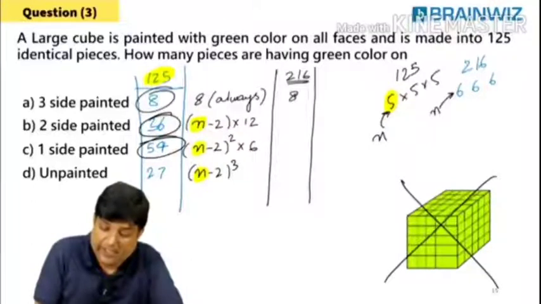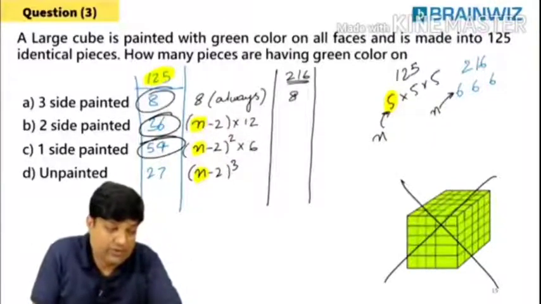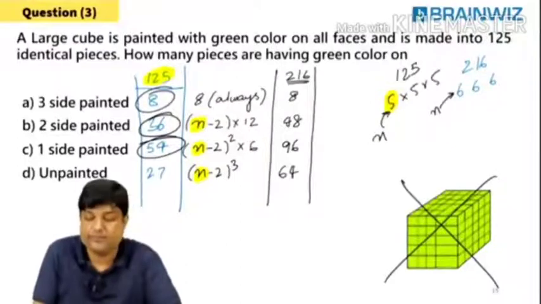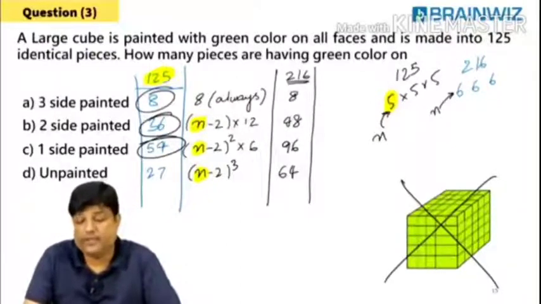Are you saying 8, 44? Is it 48? Acha, 48, 96, 100. Acha, not 100, only 64. That's good. I hope you all are understanding now.